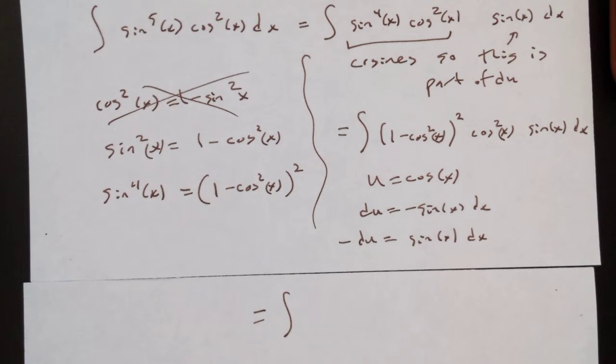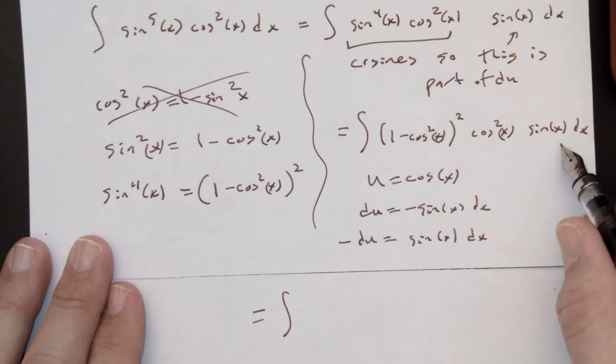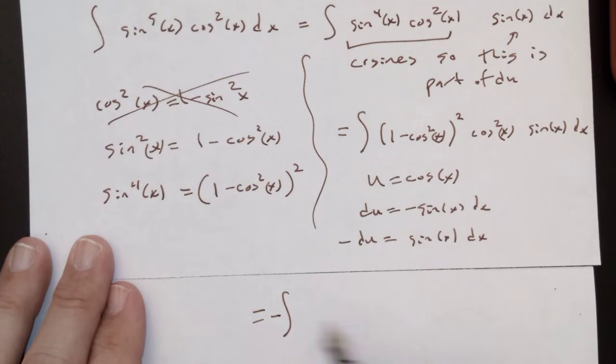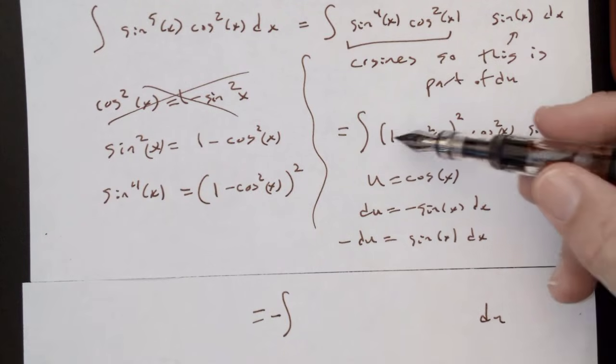Well, yeah, this part will be a negative. This part would be a negative du, absolutely. So I'll put the minus here and I'll put the du there. What about the middle? This part.